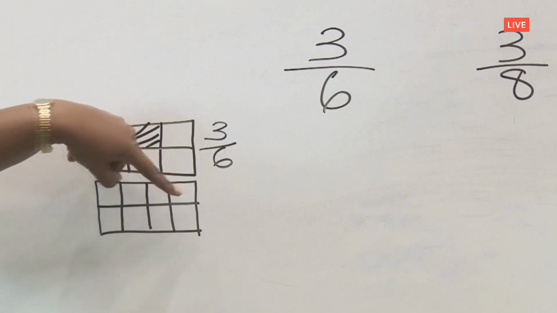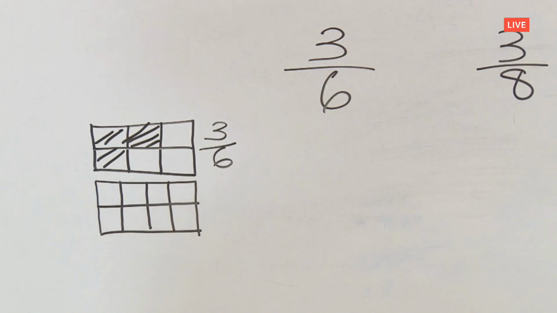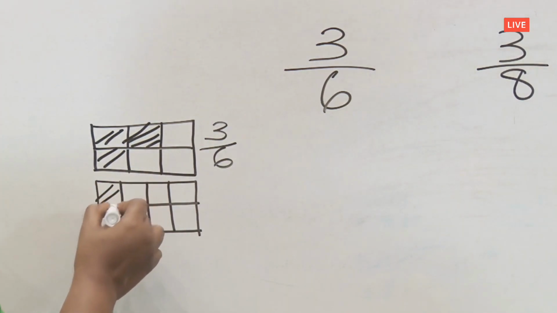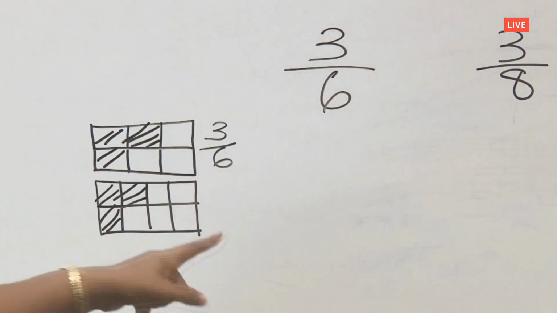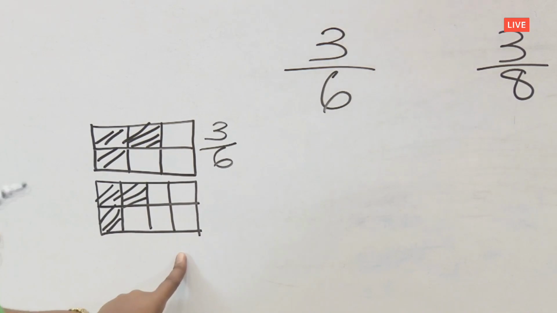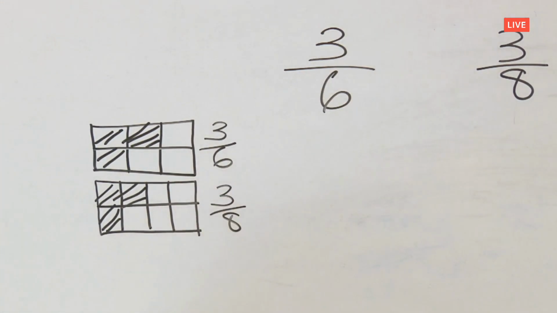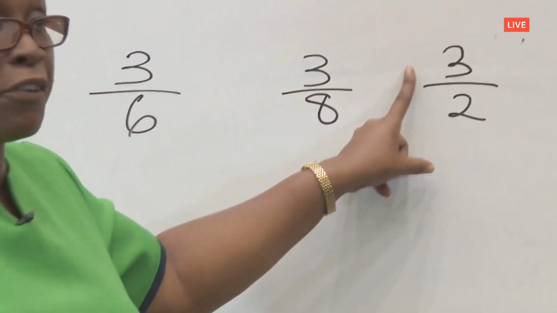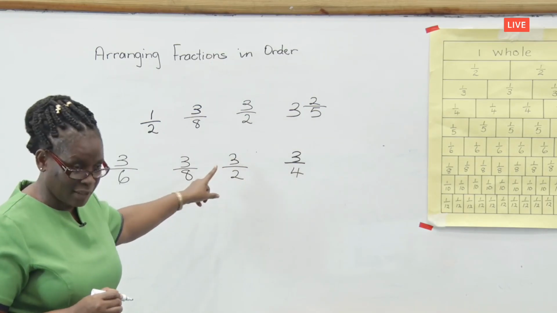Do I have 8 pieces here? Let's count. 1, 2, 3, 4, 5, 6, 7, 8. How many pieces do I need? 3. So there are my 3 pieces, and this fraction is 3/8.